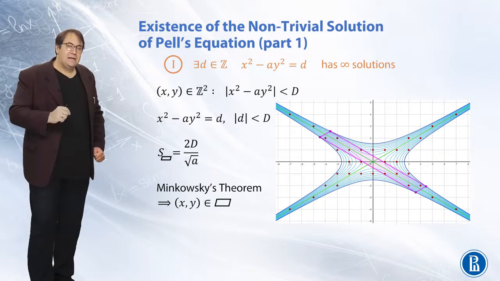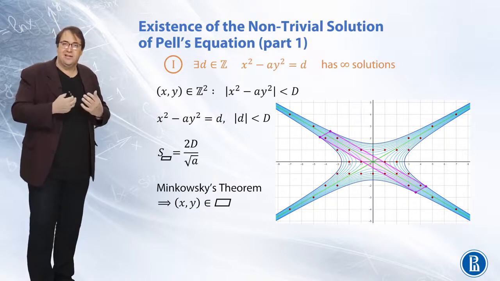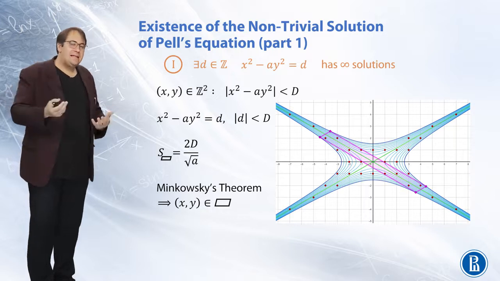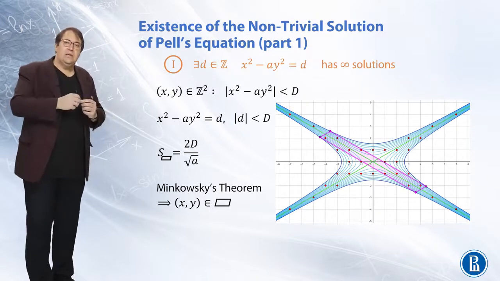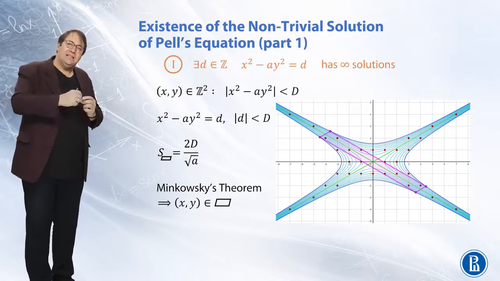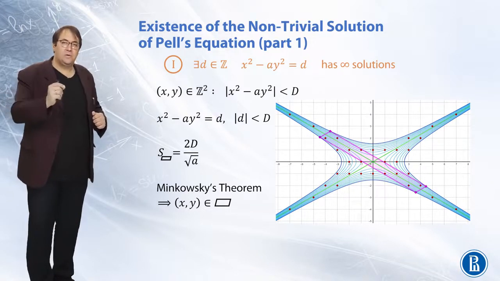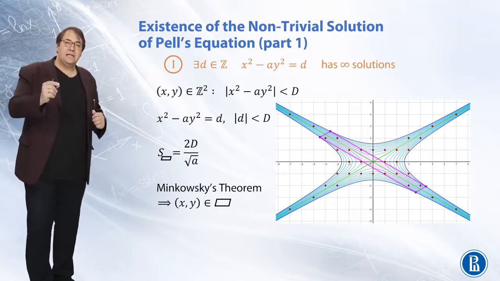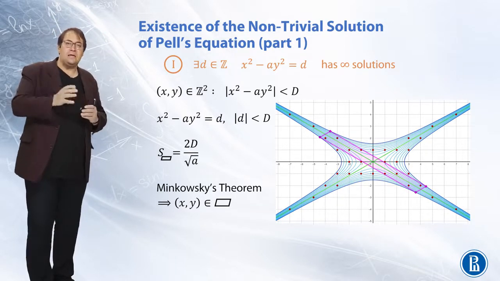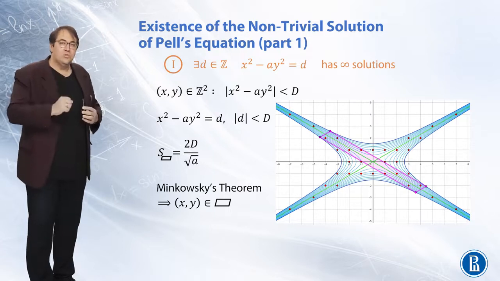Of course, you might say, what if the integer point in one of the parallelograms lies on the asymptote? Well, in that case, indeed, we will not be able to find a parallelogram that does not contain this point. However, notice that the slope of the asymptotes is irrational, because a is not a square, and the slope is plus or minus 1 over the square root of a.